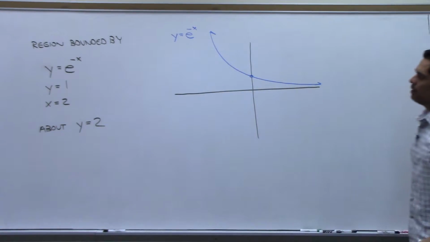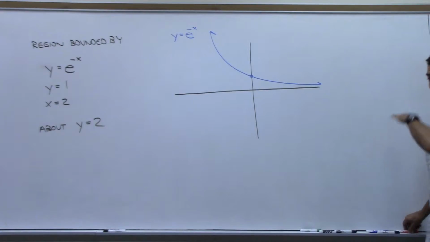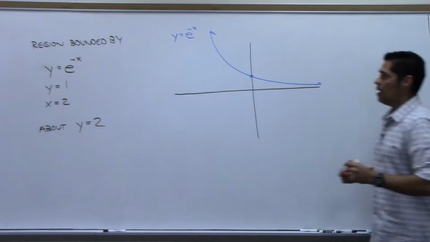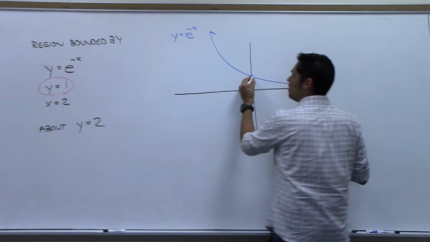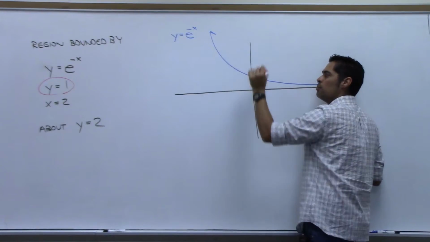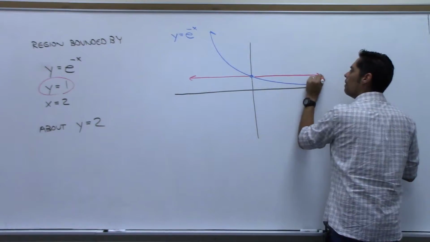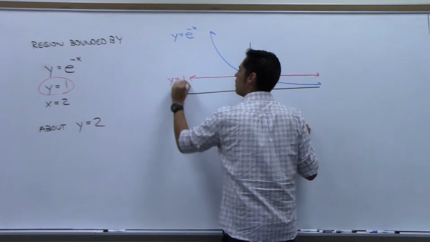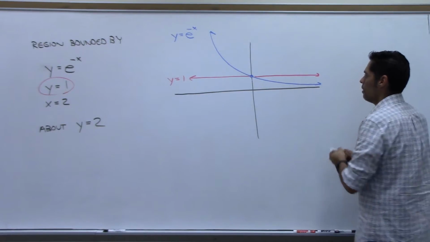Okay. y equals 1 is what? It's a horizontal line, right? It goes through y is 1. Doesn't e to the x hit at 1? e to the negative x hits at 1 because e to the 0 is 1. So this goes like this. This is y is 1. x is 2, a vertical line, somewhere out here.